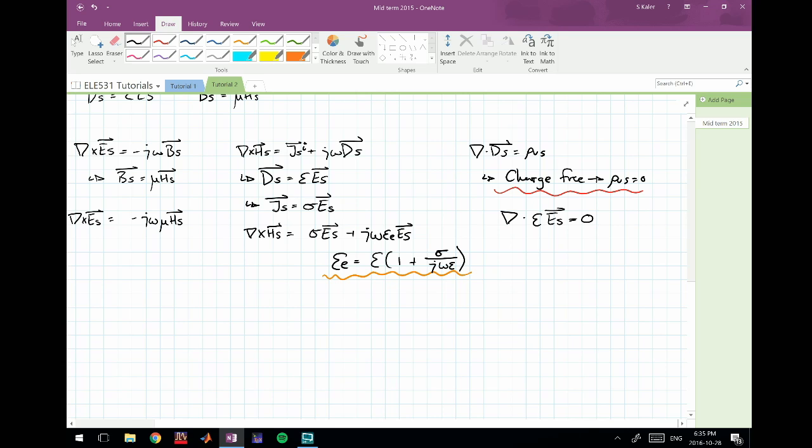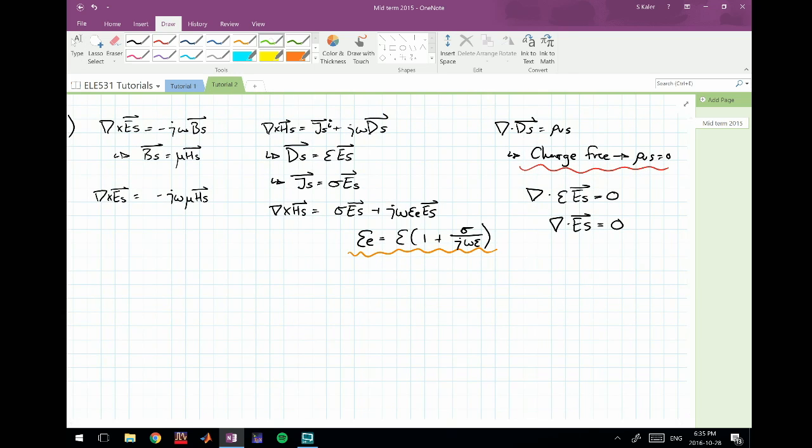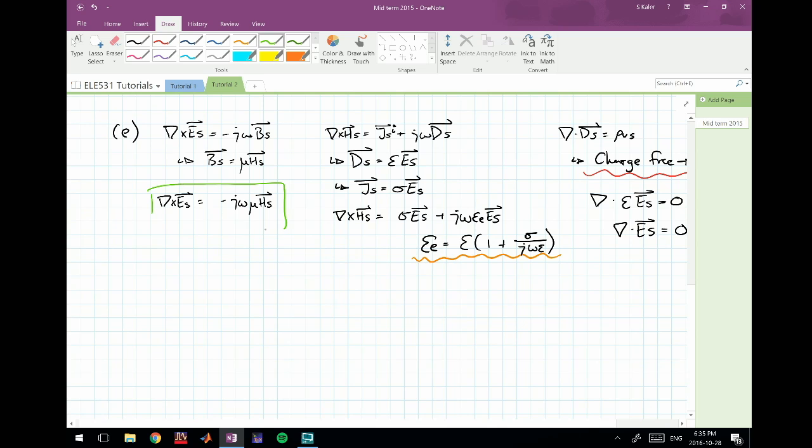If the region is not linear, then epsilon depends on space. But the region is linear, and so that's why we always assume epsilon is constant. Since epsilon is constant, then I can rewrite this as just the divergence of E equals 0.